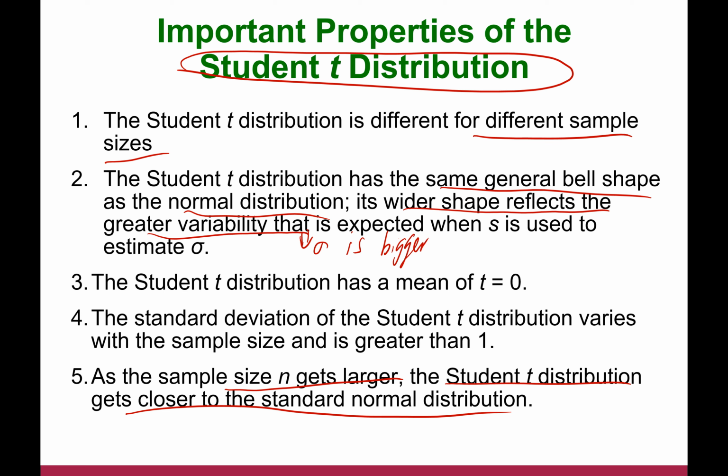The Student t-distribution has a mean of t equals 0, the same thing as z equals 0 with the standard normal distribution. The standard deviation of the Student t-distribution varies with the sample size and is greater than 1.